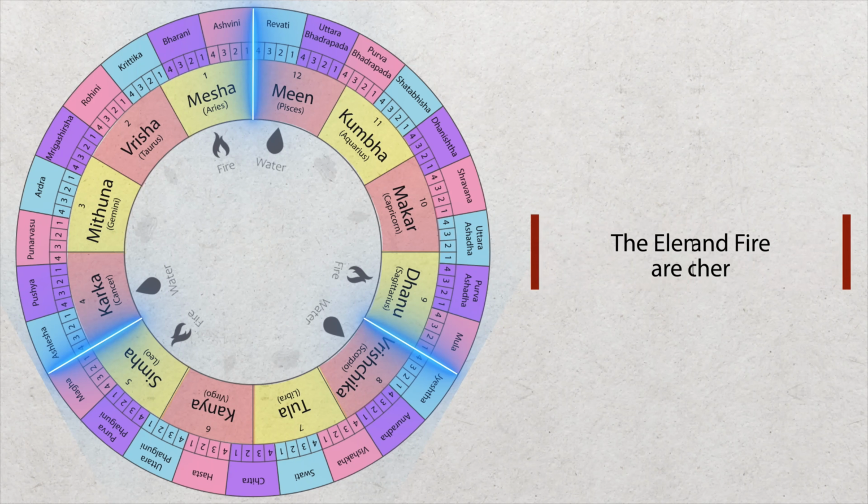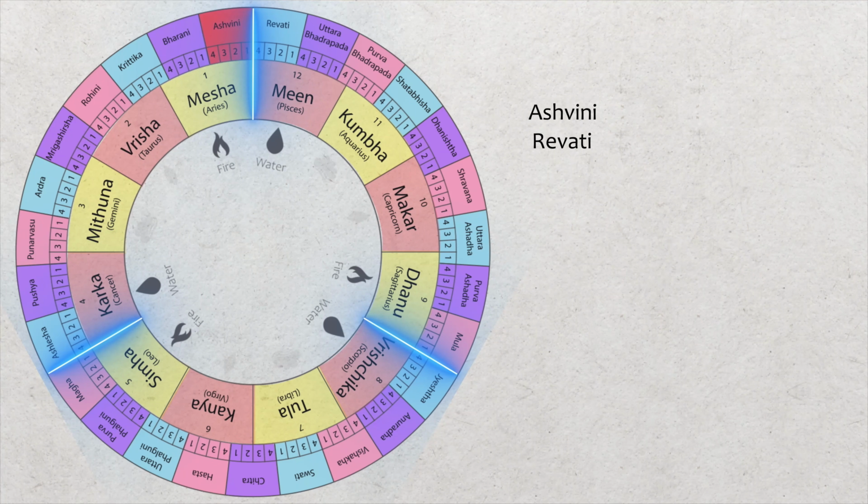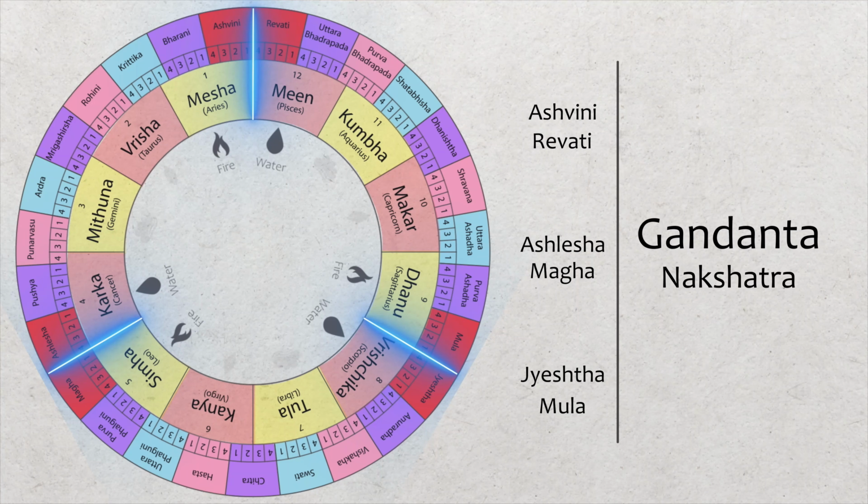Water extinguishes fire and fire evaporates the water. Because of this, the 2 nakshatras on either side of the boundary, that is Ashwini Revati, Aslesa Magha and Jyeshtha Mula, are known as Gandanta Nakshatra. People born with moon or lagna in Gandanta have to encounter many complications during their lifetime. We will explain further about them in upcoming videos.